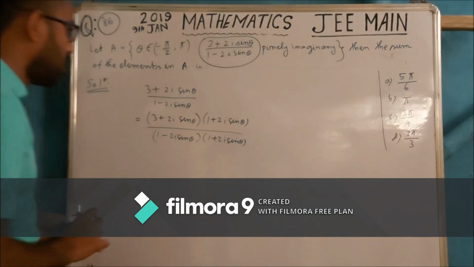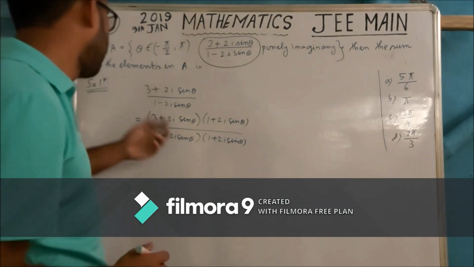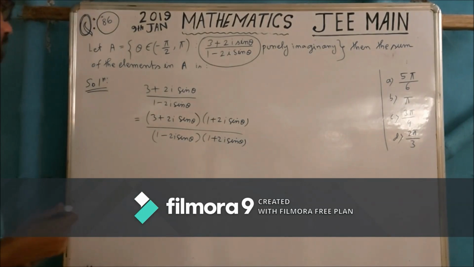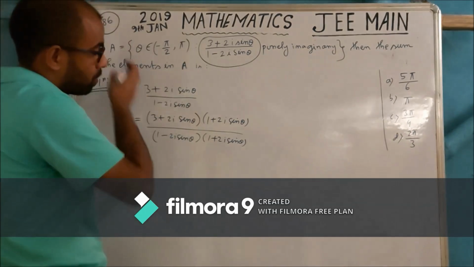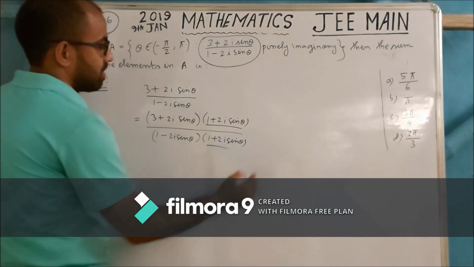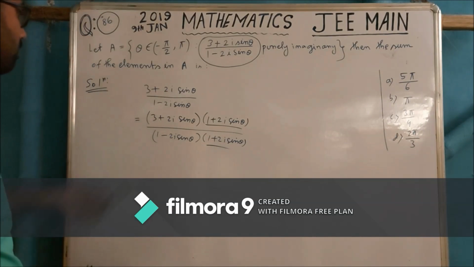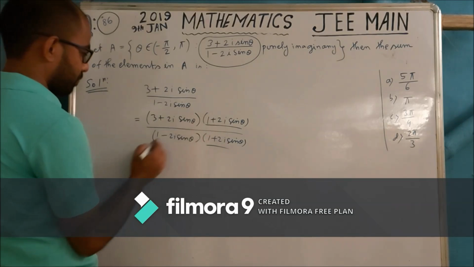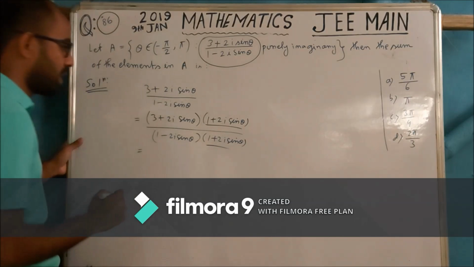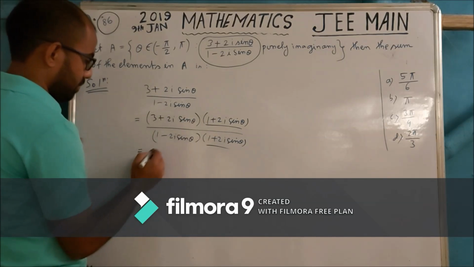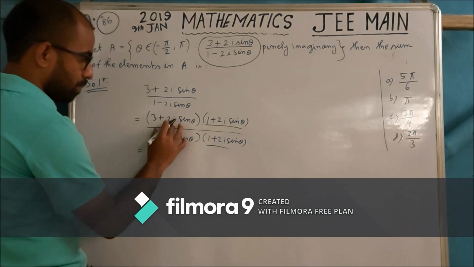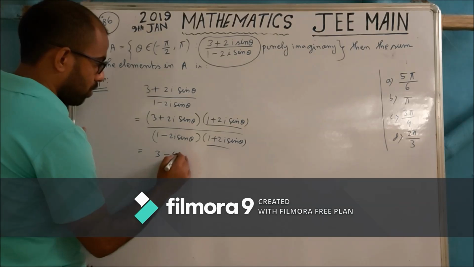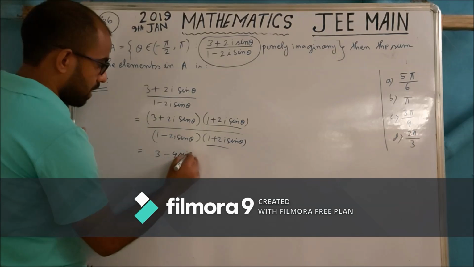We now multiply this part by 1 plus 2i sin theta by 1 plus 2i sin theta, both numerator and denominator, so this does not affect the function. So we know this is (a minus b)(a plus b). And here we see 3 into 1, that means 3, minus i square 4, that means minus 4 sin square theta.